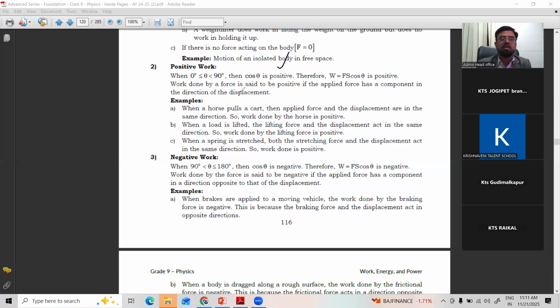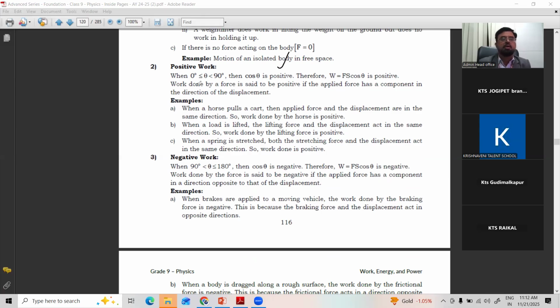Work done by a force is said to be positive if the applied force has a component in the direction of displacement. Either pulling the table or pushing the table, or suppose you are sitting at a dining table and you want to pull some curry or chutney or curd towards yourself, or pass it to some other person. In all these cases, we can see positive work.